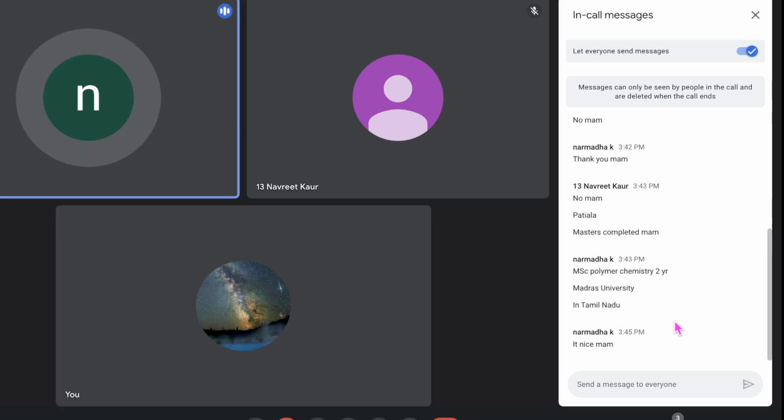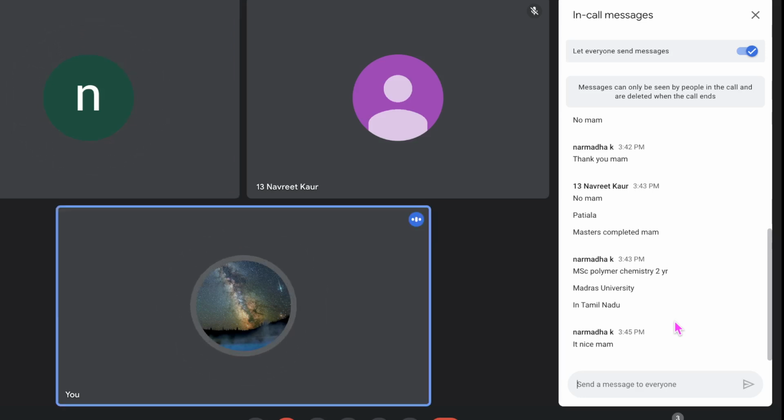How to do MSc project in IIT, ma'am? Oh, I think if you want to go for a project student and join IIT for that, your field is polymer chemistry, I can see. So you can search for the particular research project. You can directly mail the professor, so that will be very helpful. Also, there is always a project opening on the official site of every IIT.